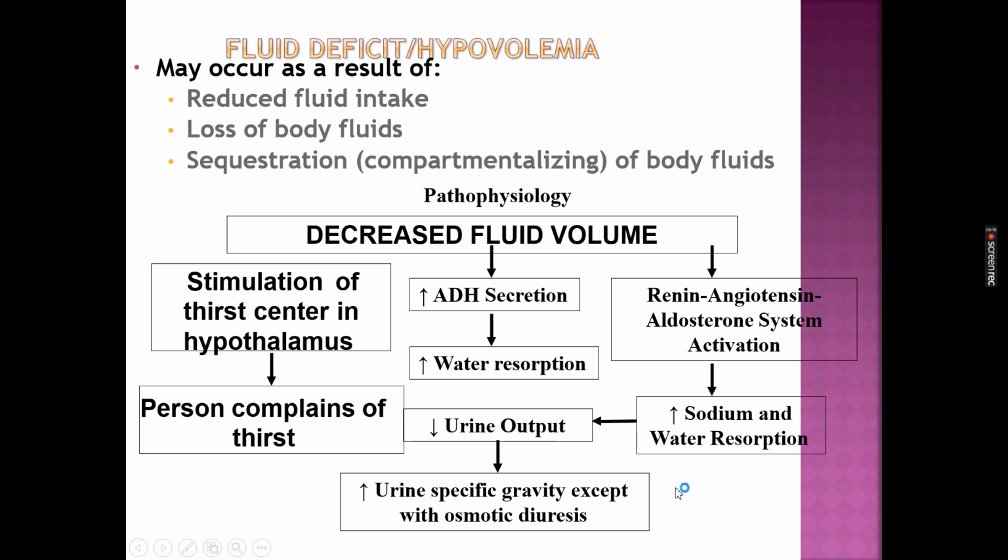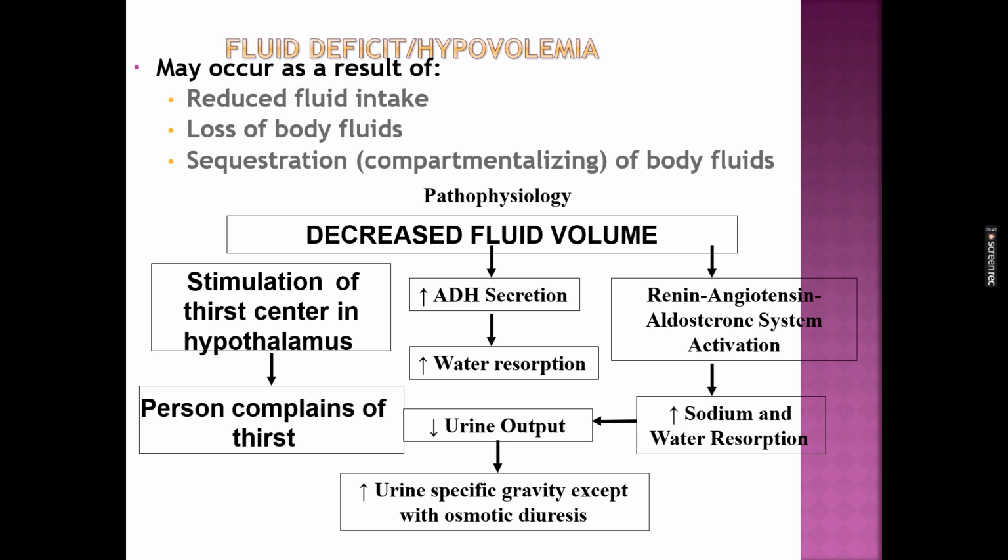The third mechanism is the renin angiotensin aldosterone system, RAS. It is the system that helps regulate blood pressure, fluid balance, and electrolyte levels. Renin is released from the juxtaglomerular cells in the kidneys when there is low blood pressure or low sodium levels in the distal tubules.